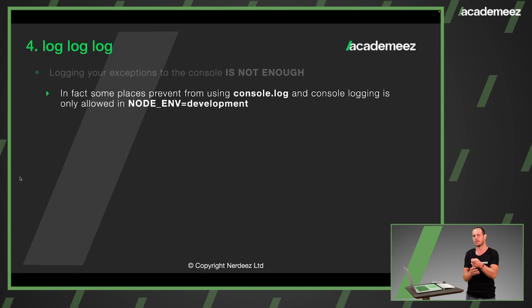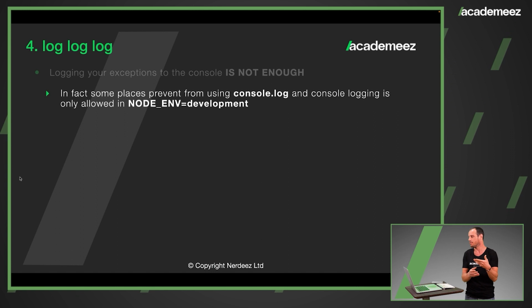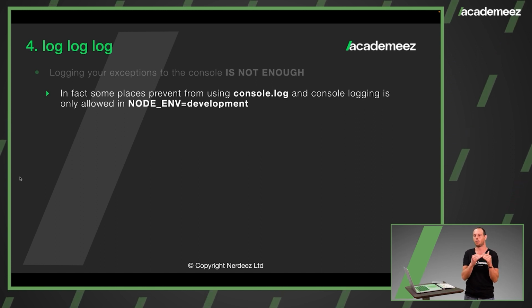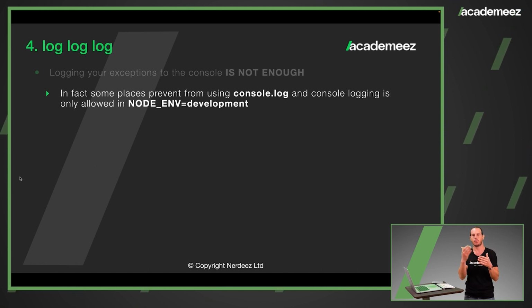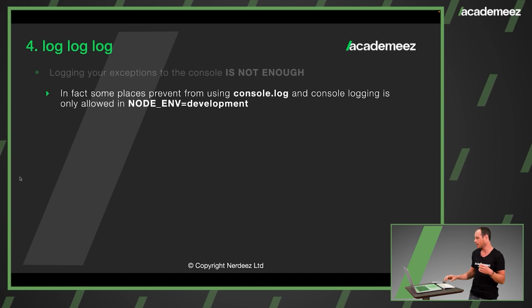And the logging service is actually not using console log, only using console log when the node environment is in development. And this way, when the app is running, there are no console messages exposed to the user, maybe memory leaks, maybe too many logs, hard to follow the logs later.